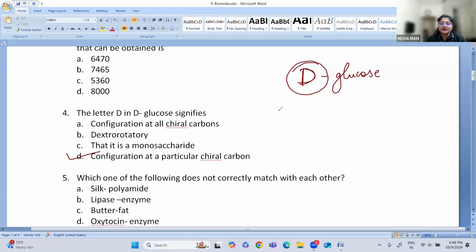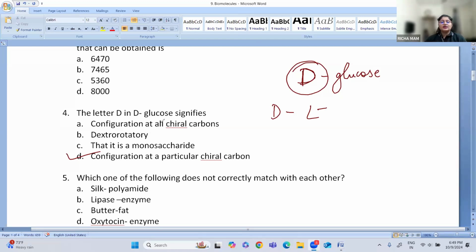When you study the different sugars, D and L signify the configuration of particular chiral atoms. Yes, the answer is D.